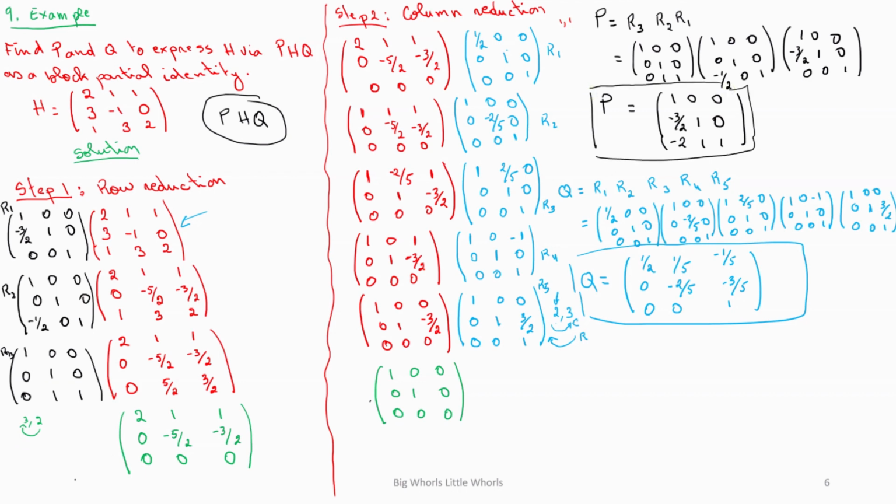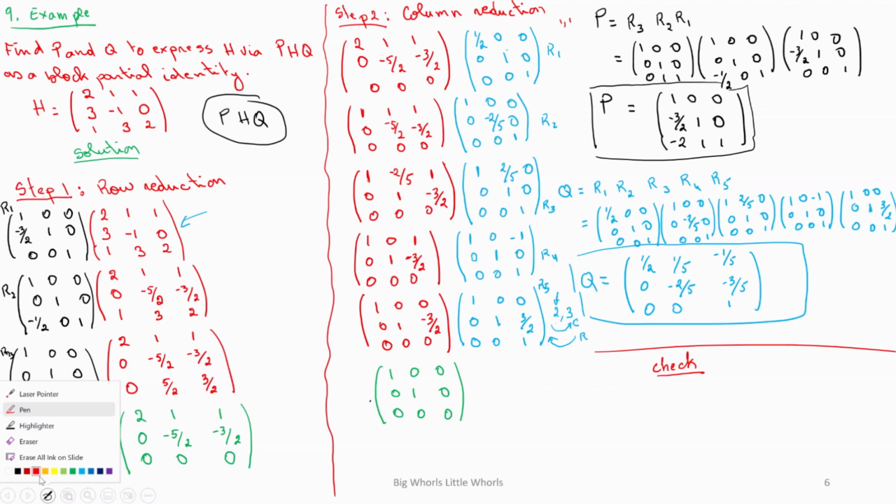Let's do a small check here. If we have our matrix H and multiply it by our P and followed by our Q, the answer should be the block partial identity, 1 0 0, 0 1 0, 0 0 0. Let me draw it this way.